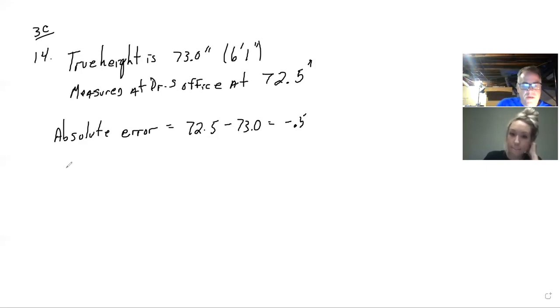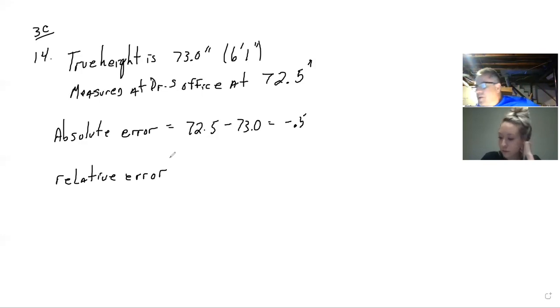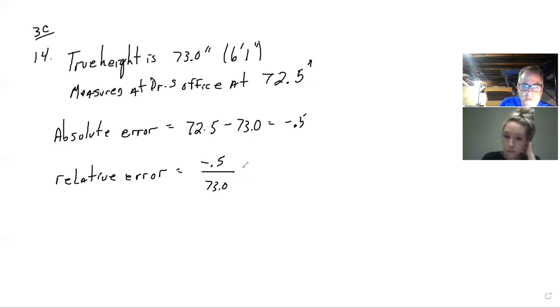Now your relative error is a comparison of the size of the error to the true value. So that's going to be your absolute error, which was negative 0.5, divided by your true value, which you're comparing it to, which was 73.